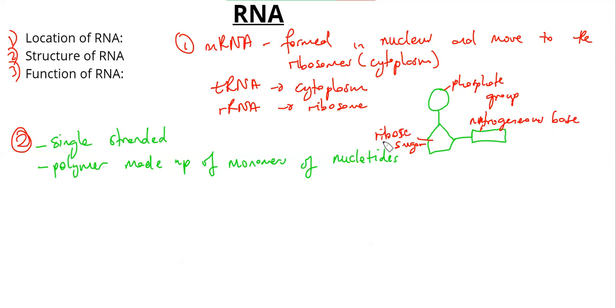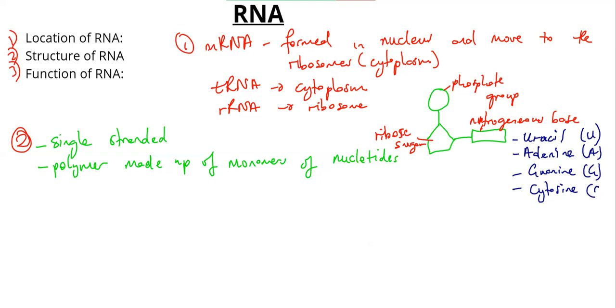Under nitrogenous bases, we have 4 different types: uracil, adenine, guanine, and cytosine. These are represented as U, A, G, and C.